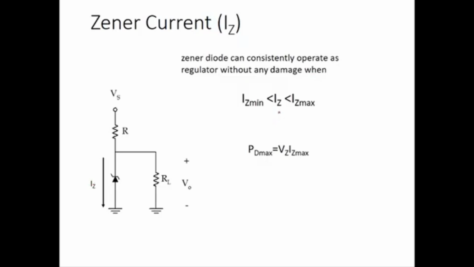So the condition is that IZ must be higher than IZ min, the minimum IZ. If IZ is lower than IZ min, that means the diode is in the off state. It is not operating. However, the Zener current needs to be maintained below the maximum current value. This is called IZ max. And IZ max can be calculated by using the PD max, the maximum power dissipation.